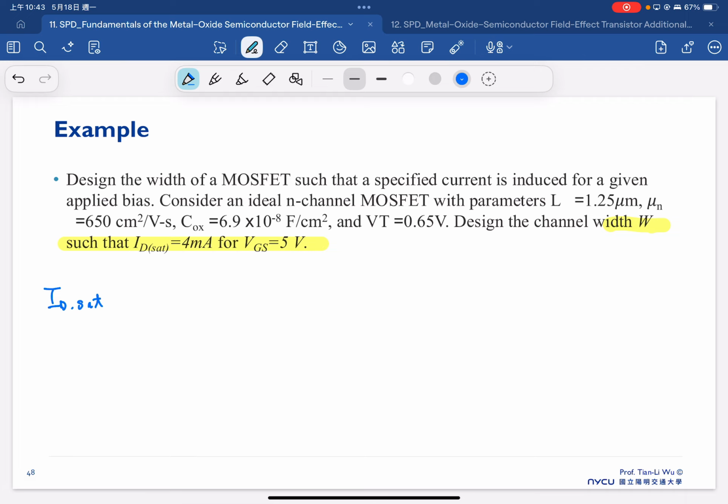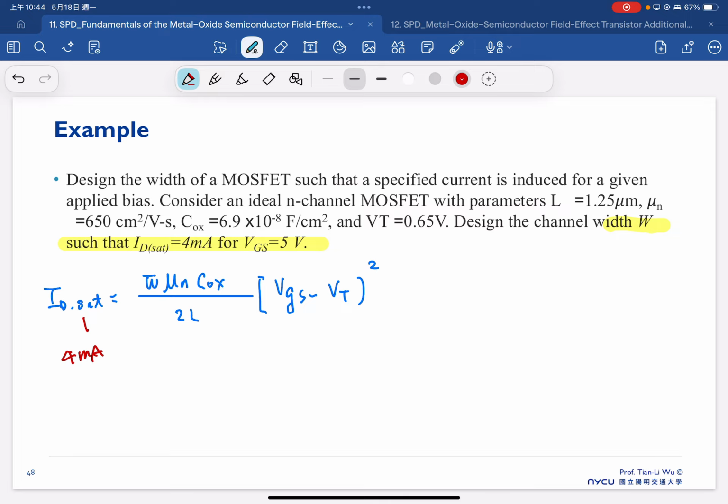ID sat is equal to this one, where W, mobility, Cox, 2L, (VGS minus VT) squared here, and then just put in all the numbers. We have 4 milliamp.